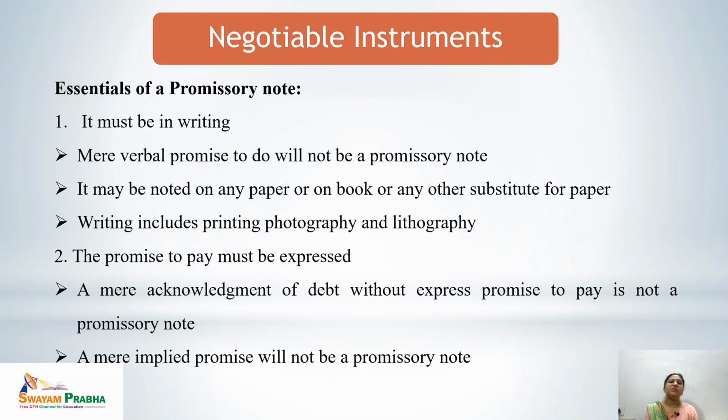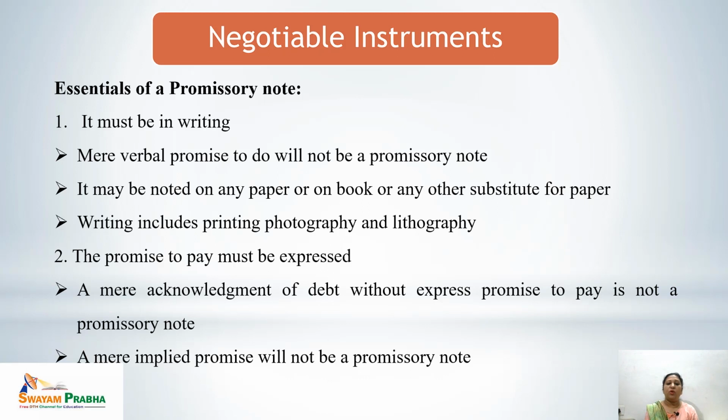One, it must be in writing. As the basic feature of the negotiable instrument, every negotiable instrument should be in writing, and this is again the feature of the promissory note. A verbal promise to pay will not be a promissory note, meaning in absence of writing, it would not be a valid promissory note.